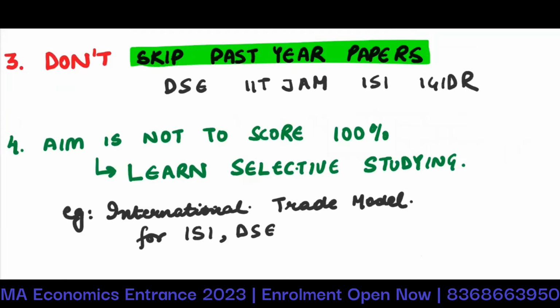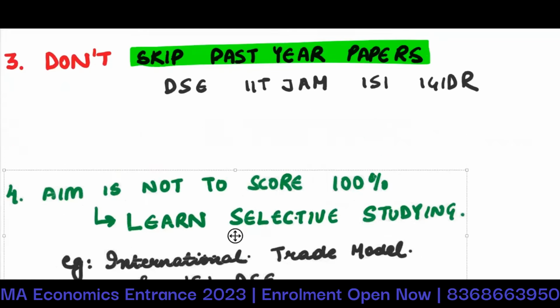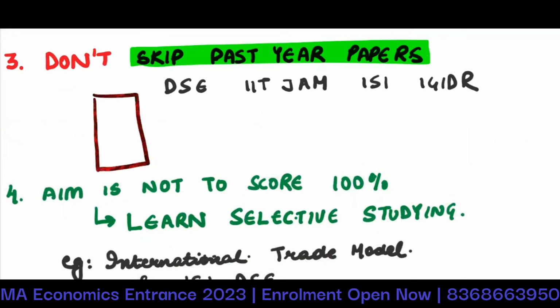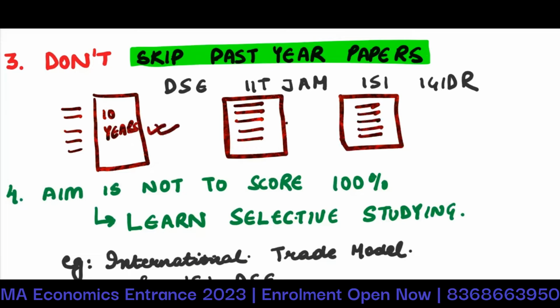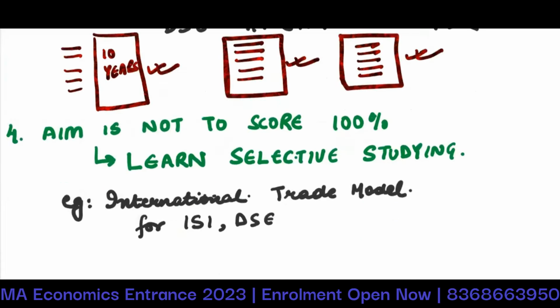By the time you start your revision, you should have booklets with you: this is my booklet of the past 10 years of DSE exam, question by question. This is my booklet of the past 2 exams of IIT JAM. This is my booklet of the past 10-year exams of ISI. Completely practiced, not one time, not two times, five times.